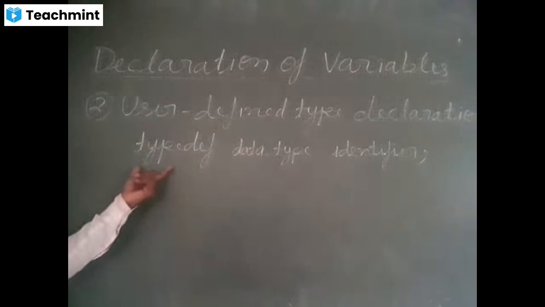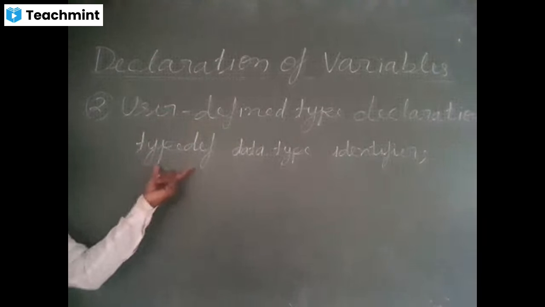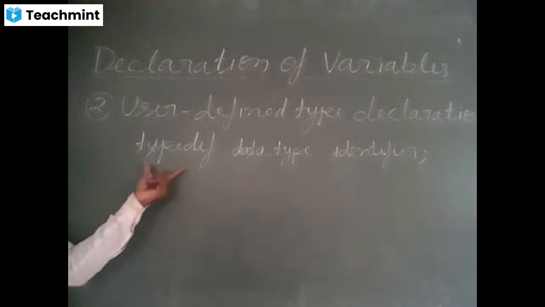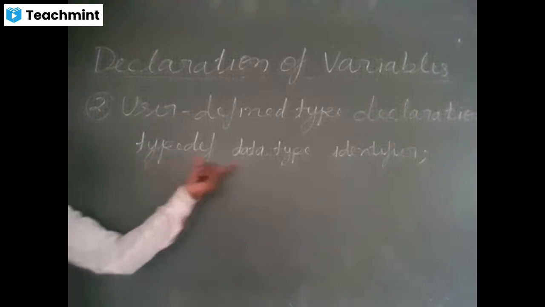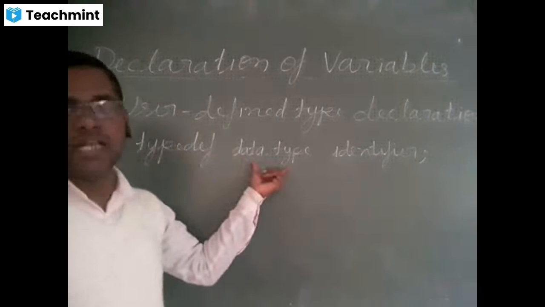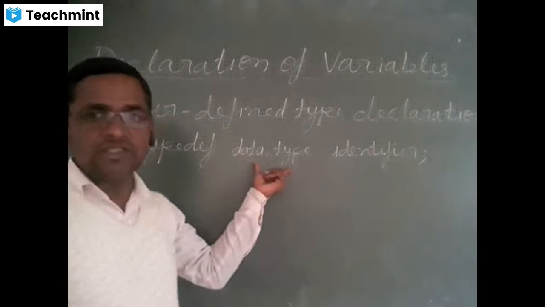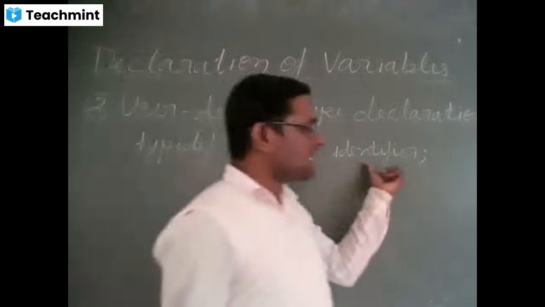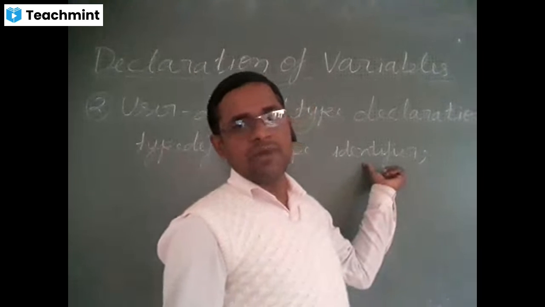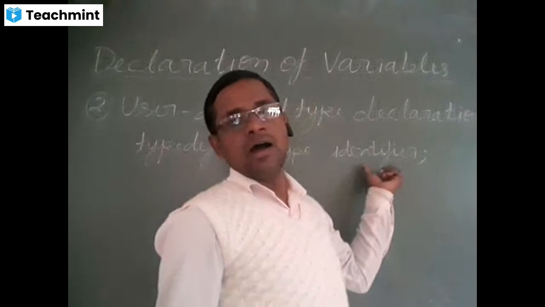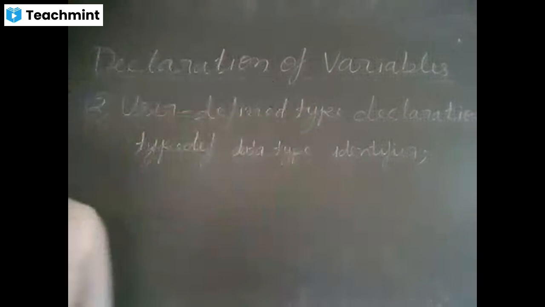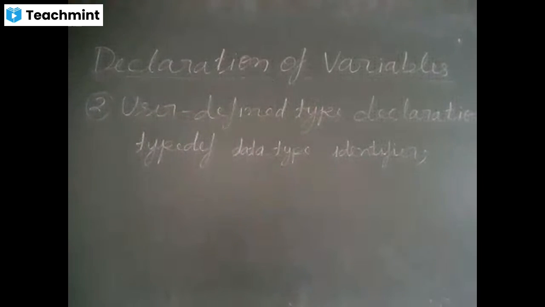For that purpose, firstly they write the typedef keyword, then the keyword of the data type they need to declare, and then the name of the variable or identifier of their own choice. In this way, the user declares the variable.